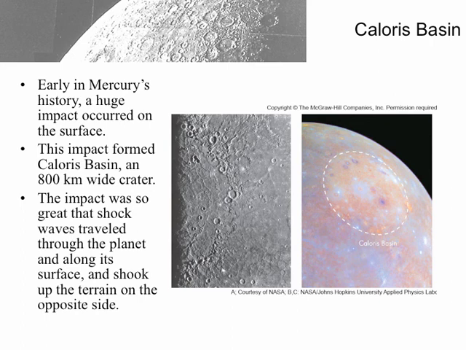There's also a feature known as the Caloris Basin on Mercury. It is a huge 800-kilometer wide crater. The crater is so large, in fact, that the shock waves traveled through the entire planet and actually shook up the terrain on the opposite side.